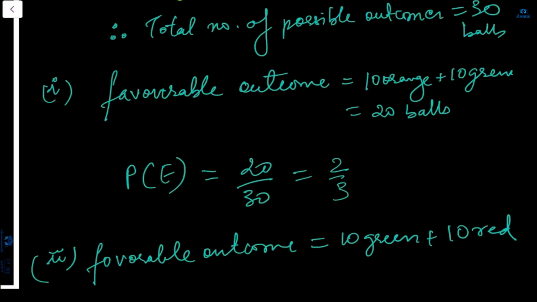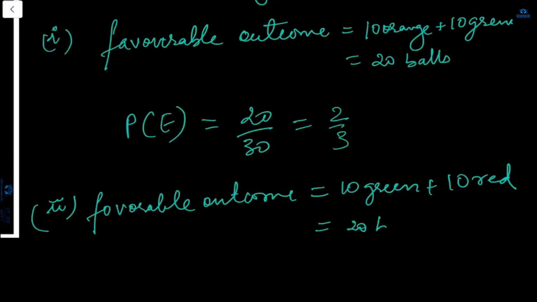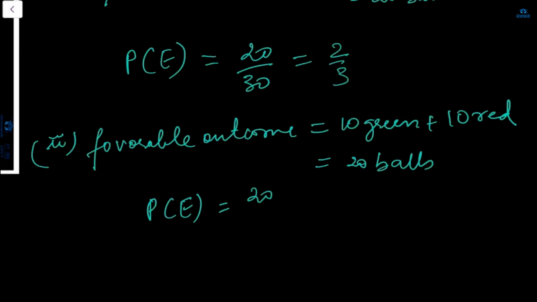So the probability of not getting an orange ball will again be 20 upon 30, which is equal to 2 by 3. Any doubts, Safia? No.